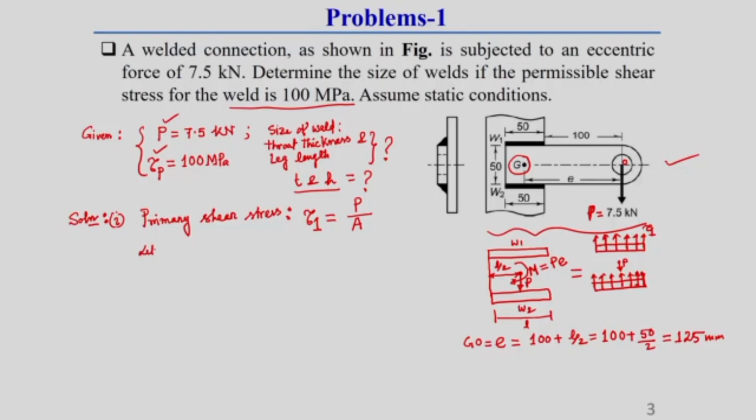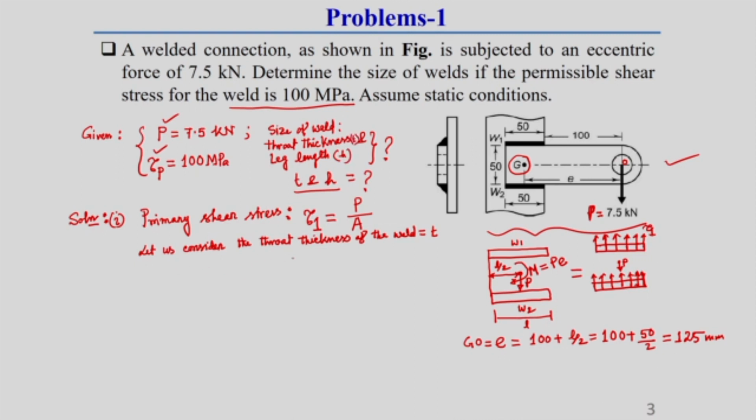So, let us consider the throat thickness of the weld equal to t. What we actually want to find out is t and the leg length h.